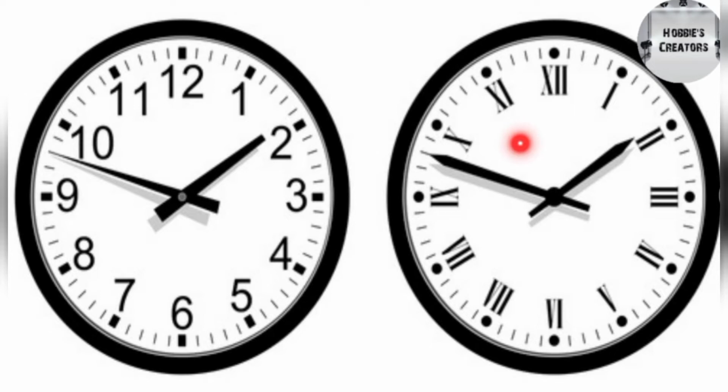Roman is nothing but, here we are having numbers 1 to 12 and here the same numbers, that is 1, 2, 3, 4, 5, 6, 7, 8, 9, 10, 11 and 12. We are having the same numbers but the symbols are different. Now we can move on to the video to see what is a Roman numeral.